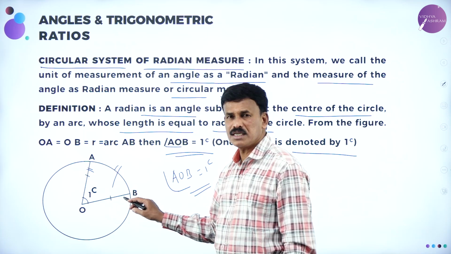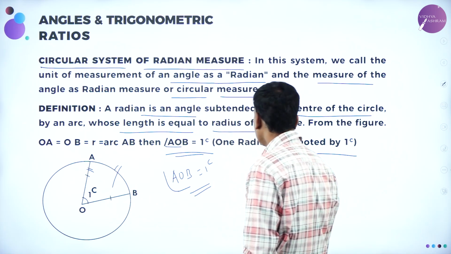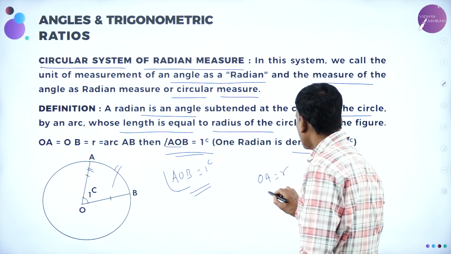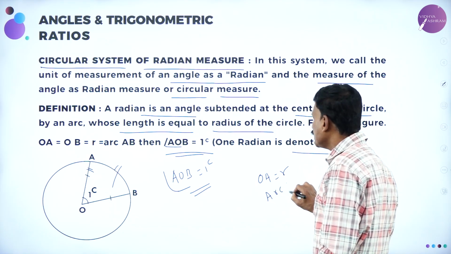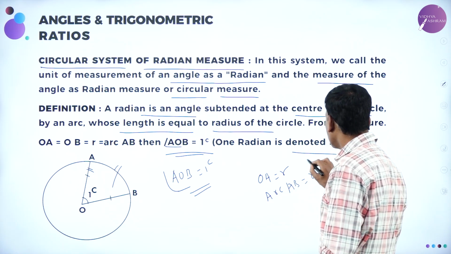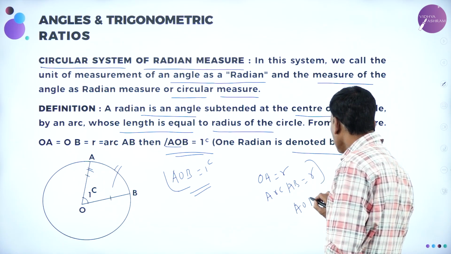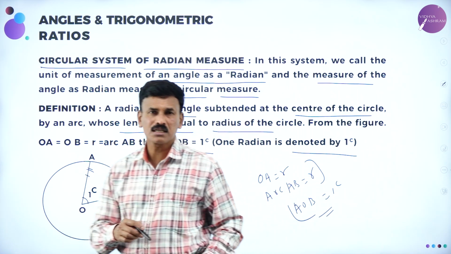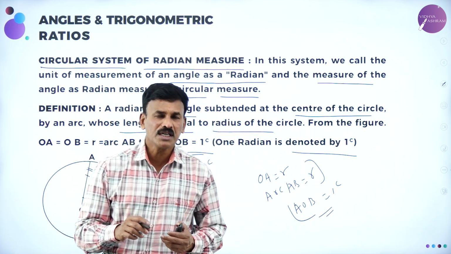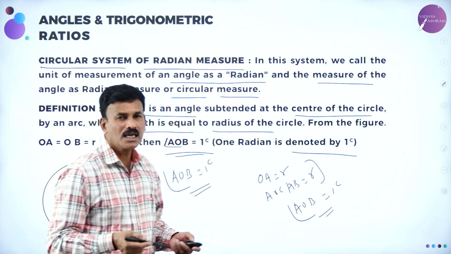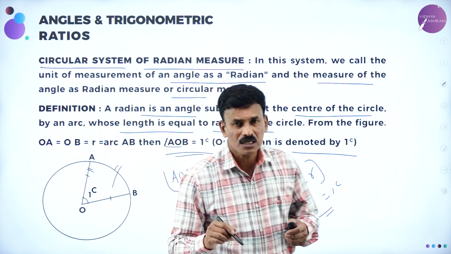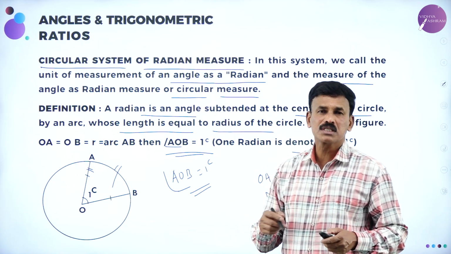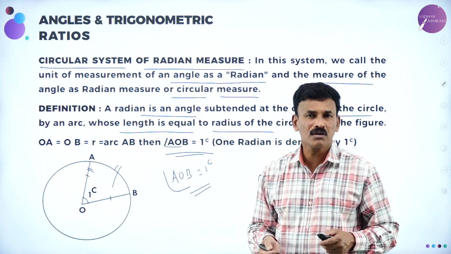If radius OA is equal to R and the arc AB is also equal to R, then the angle AOB is said to be 1 radian or 1 circular measure. So how to define 1 radian? The angle subtended at the center of a circle by an arc equal to the radius is called 1 radian or 1 circular measure.